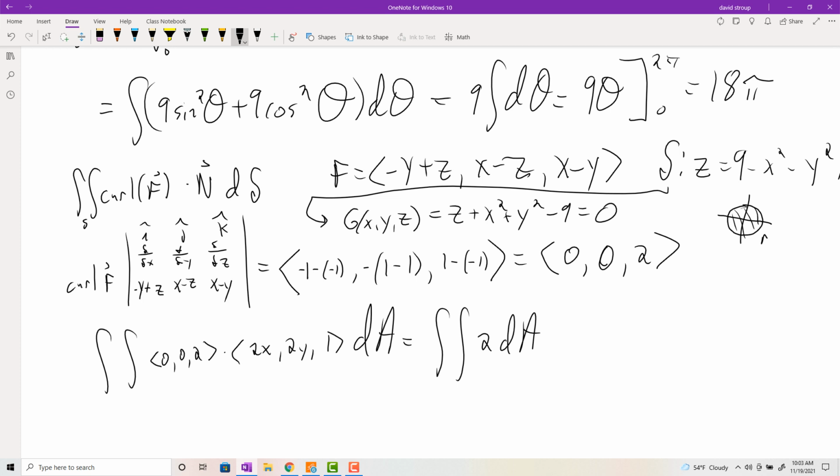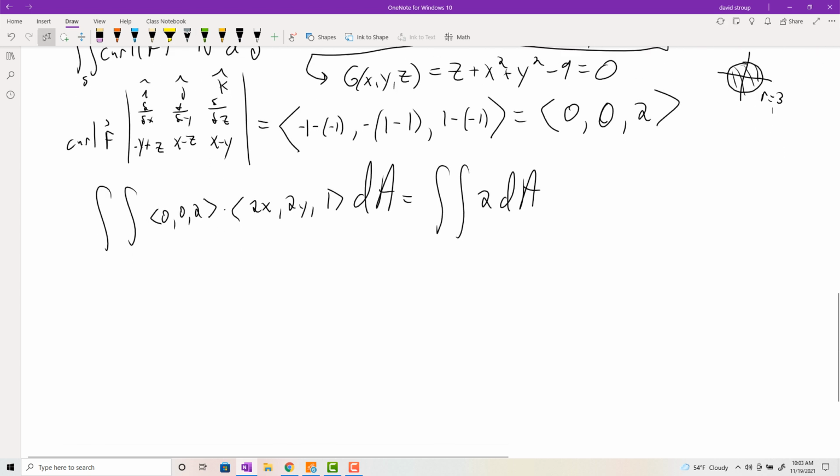So let's go to polar coordinates. In that case, r will be over here on the right. The equation of that circle is 3, and we're going to go from 0 to 2 pi.